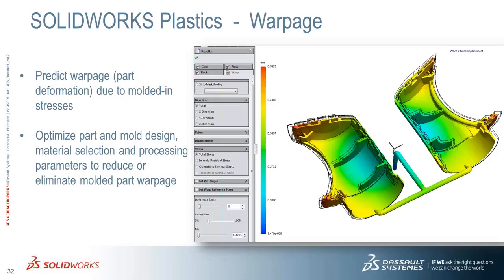One can investigate all these different causes with the power of warpage analysis capability within SolidWorks Plastics, and optimize the overall stresses or warpage within the part by using the warpage capabilities.